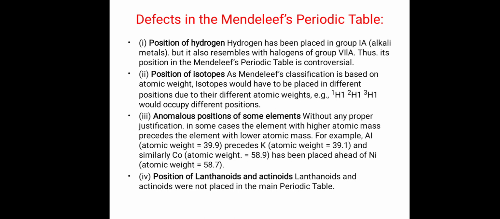For example, argon, atomic weight 39.9, precedes potassium, atomic weight 39.1, and similarly cobalt, atomic weight 58.9, has been placed ahead of nickel, atomic weight 58.7. So it is a major defect in Mendeleev's periodic table. Then the position of lanthanides and actinides: lanthanides and actinides were not placed in the main periodic table.